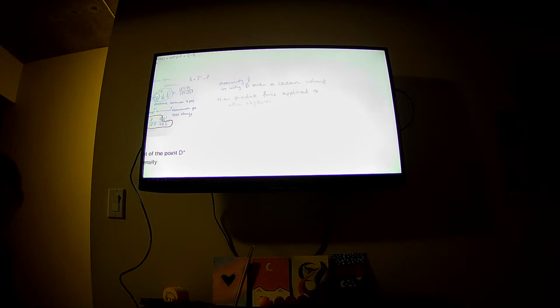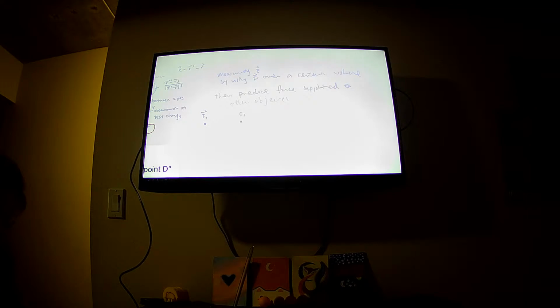So when you say that there is a stronger electric field here, slightly greater than the electric field at the other point, you're saying that there is a potential difference between the two. So the potential difference, which way do you think it points?